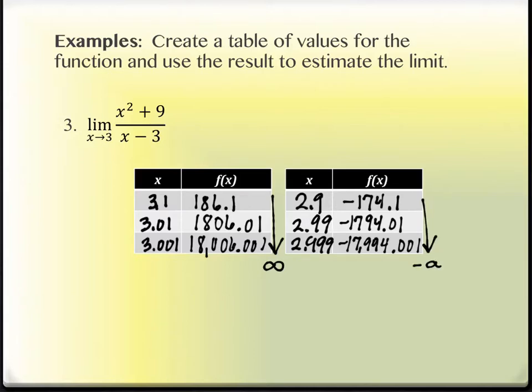Same thing but negative. It's going to negative infinity. So when that happens, we say that the limit does not exist because the one-sided limits, the limit from the right and the limit from the left, are not the same. So the limit does not exist.